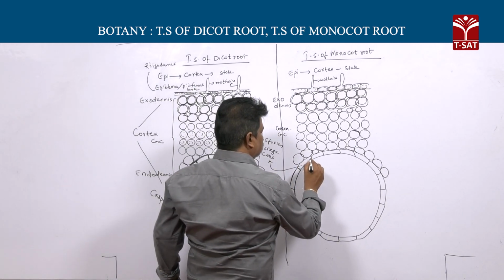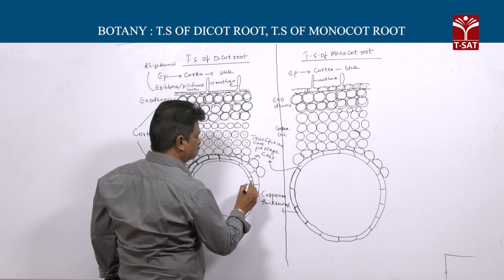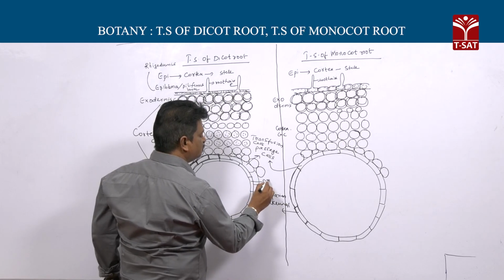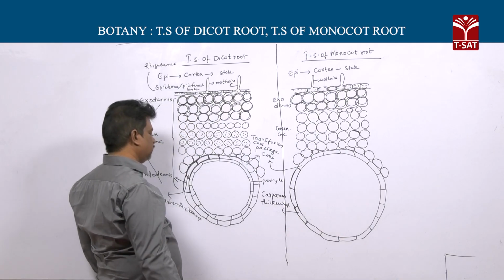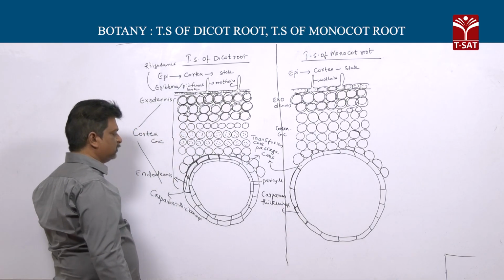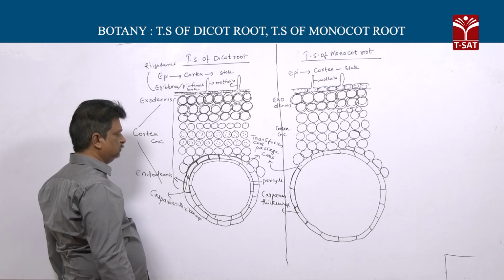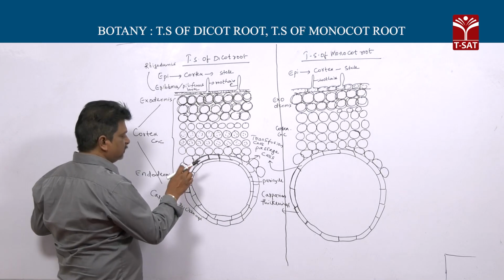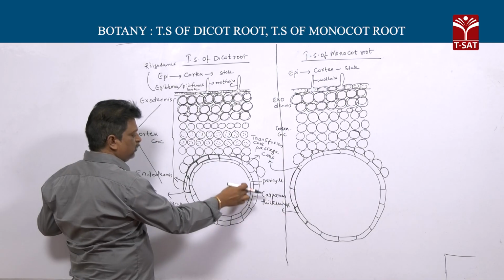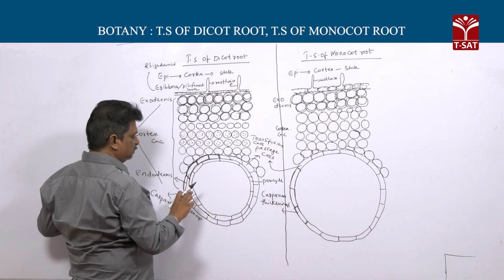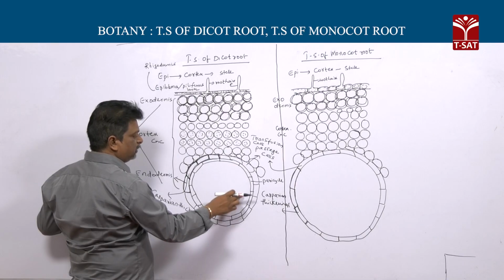Generally, pericycle is unilayered. In a rare case, it is multi-layered. So, pericycle is the outermost layer of stele, uni or multi-layered and parenchymatous.